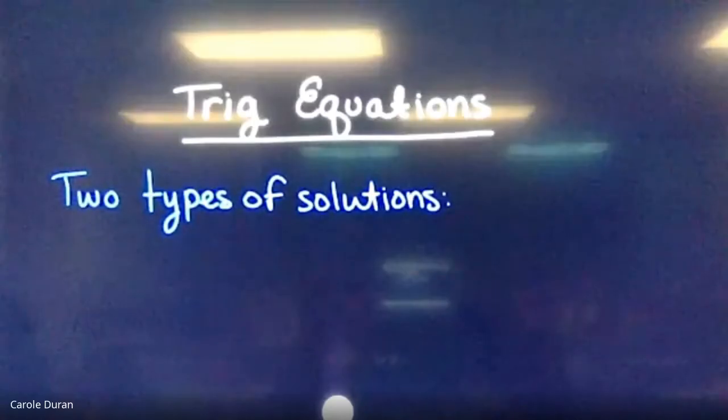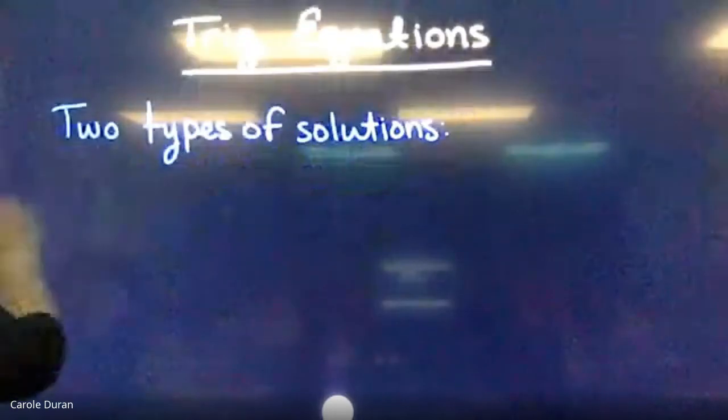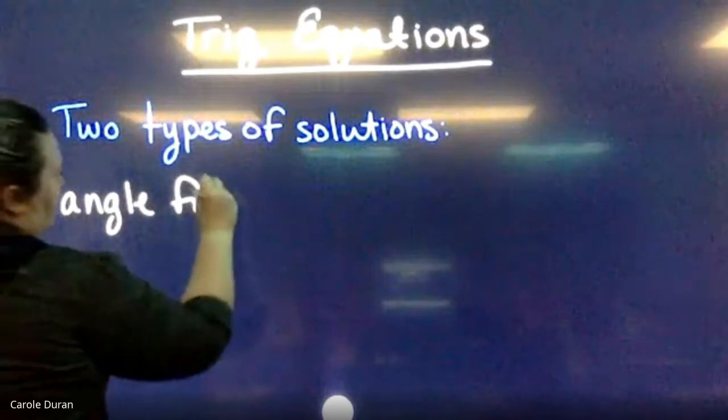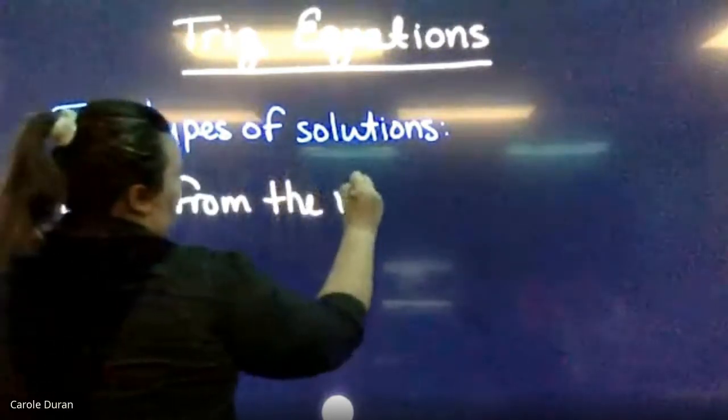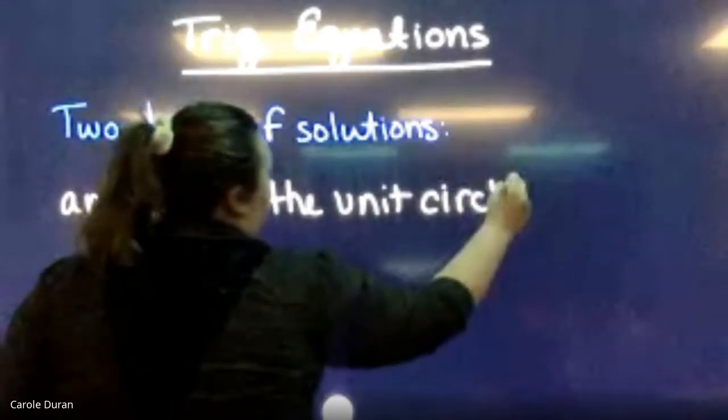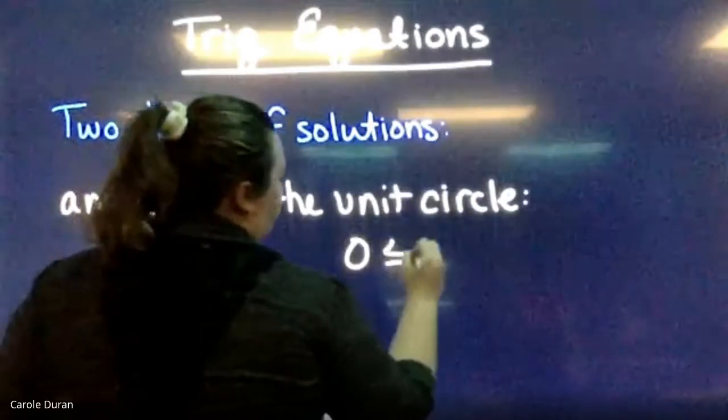In trigonometric equations, there are two types of solutions that we can get. There is the angle that exists on the unit circle. So this is any radian or degree measure that exists on that unit circle.